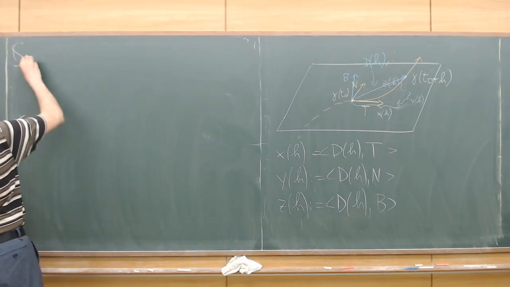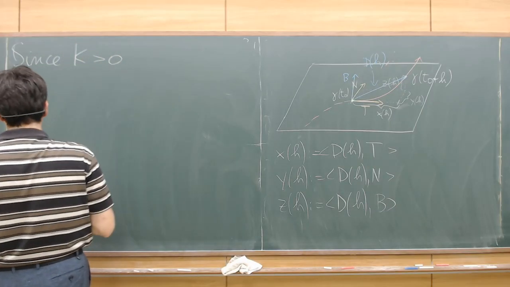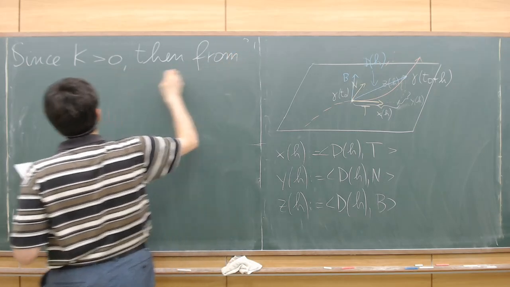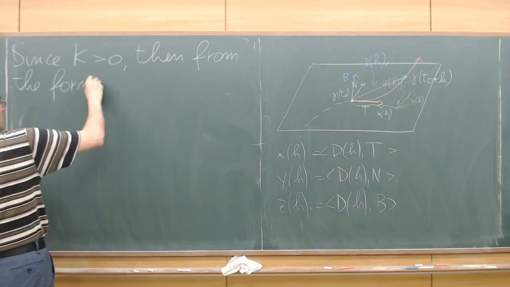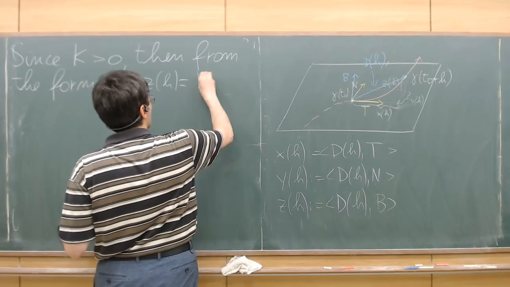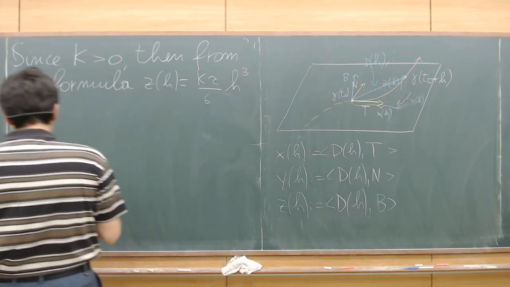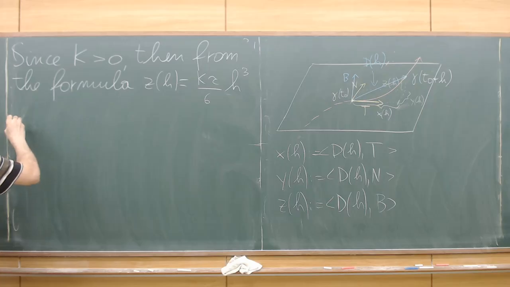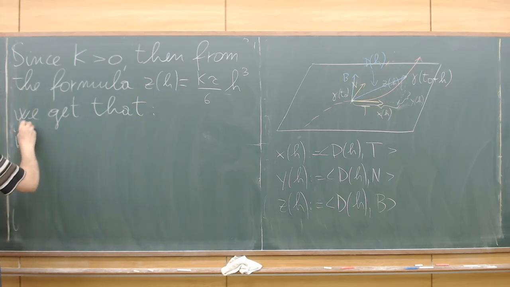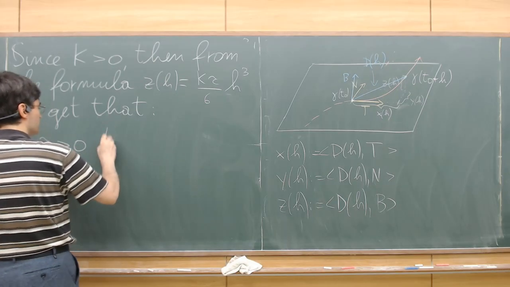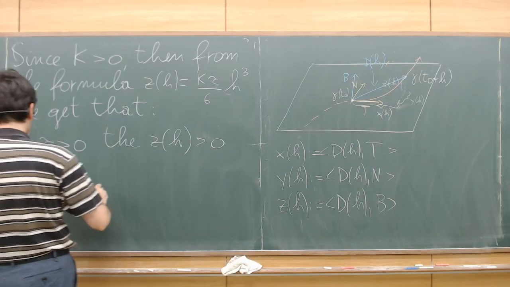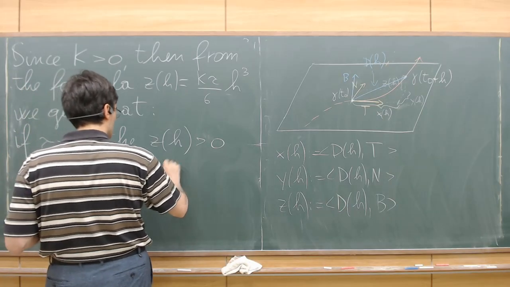Since k is always positive, from the formula for z of h, which is this one, we get that if tau is positive, then z of h is positive for h positive sufficiently small.